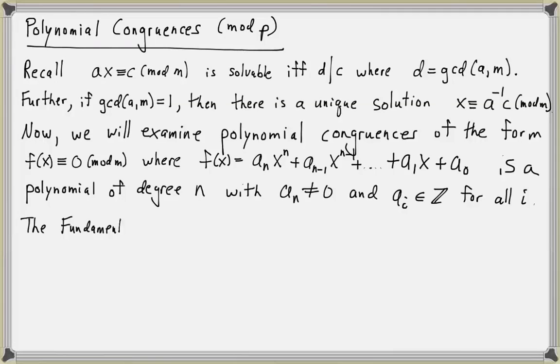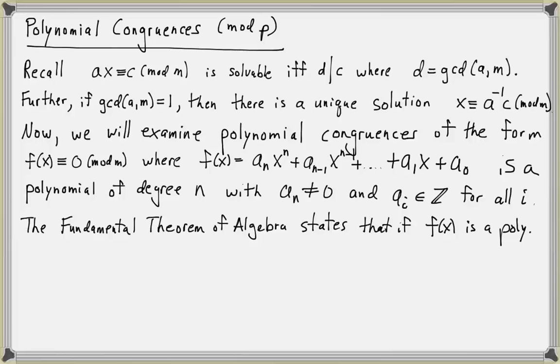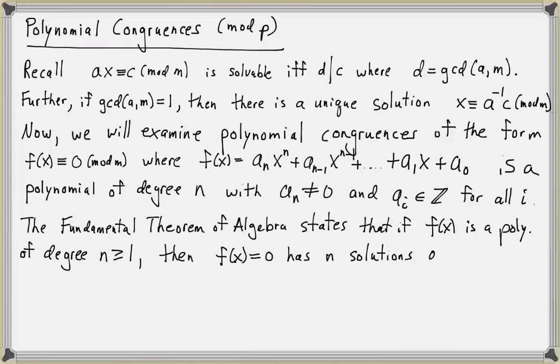The fundamental theorem of algebra states that if f of x is a polynomial of degree n, and the degree is greater than or equal to 1, then the equation f of x equals 0 has n solutions among the complex numbers.